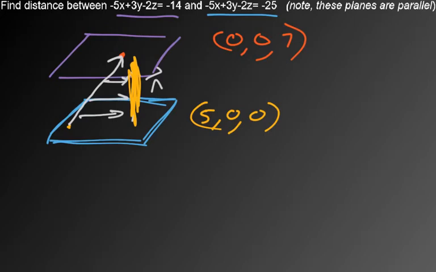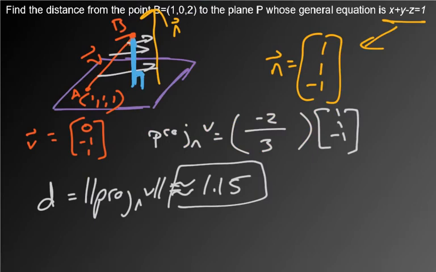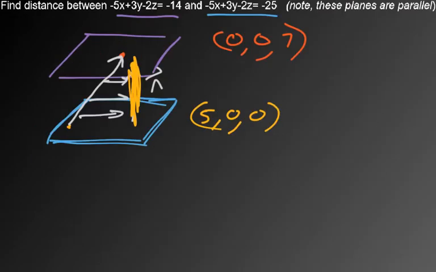So basically here, you still can do it the way we did it here, where we end up setting up a projection onto the normal and then just finding the magnitude of that projection.